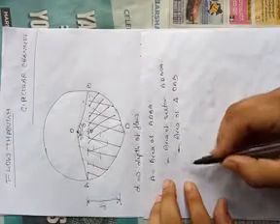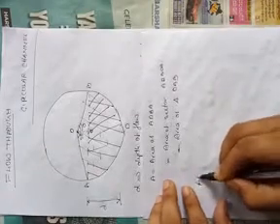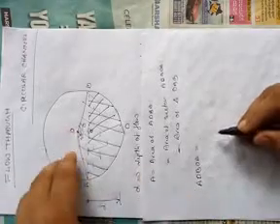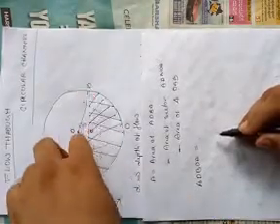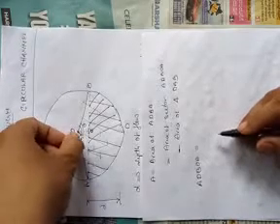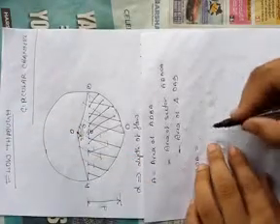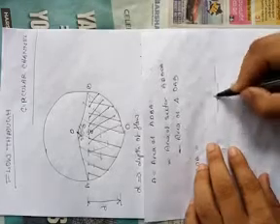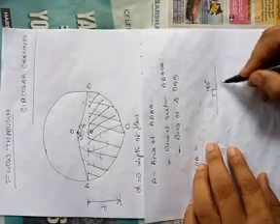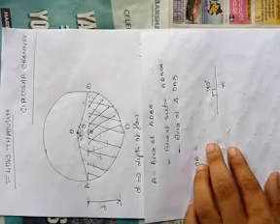So the area of the sector ADBOA, how to find out? See, it makes an angle 2 theta. Listen here. If it is a straight line, it makes an angle 180 degrees, which you can also write as pi.